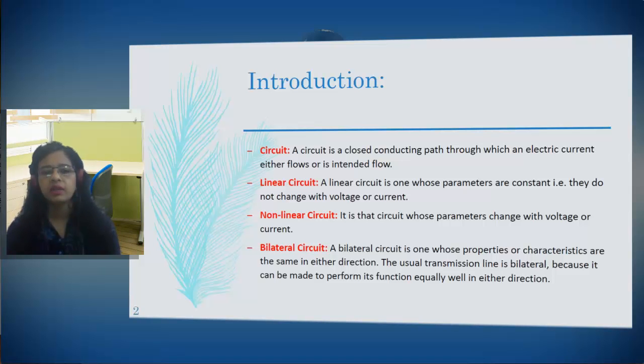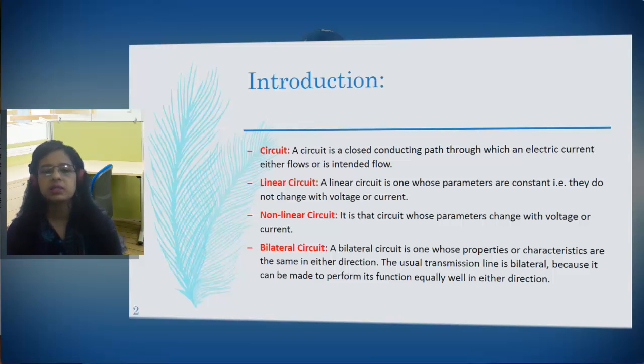Those types of elements are called linear elements. The circuit consisting of linear elements is known as a linear circuit. One example of a linear element is a resistor. The property of a resistor does not vary with change in voltage and current. It gives a constant curve.